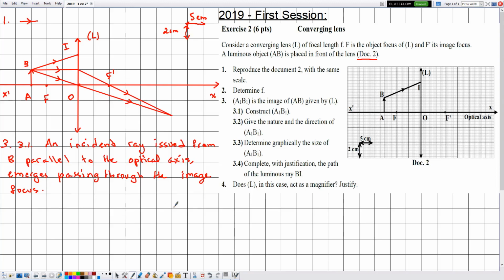Now let's justify the second ray. An incident ray issued from B passing through the optical center.